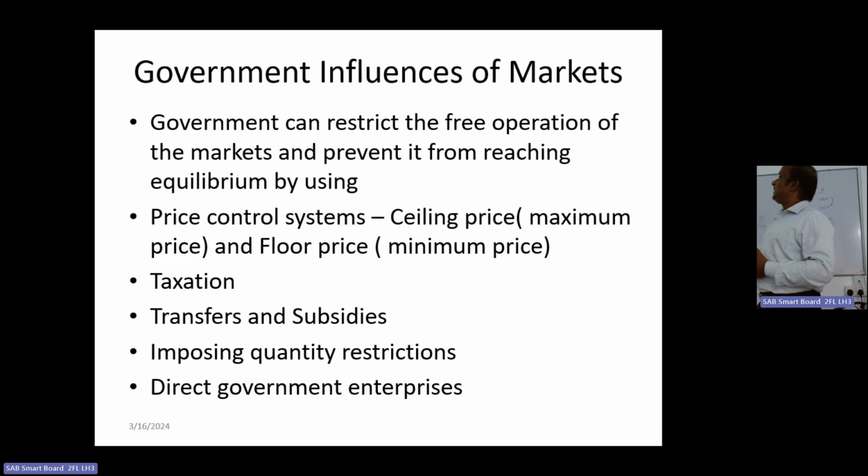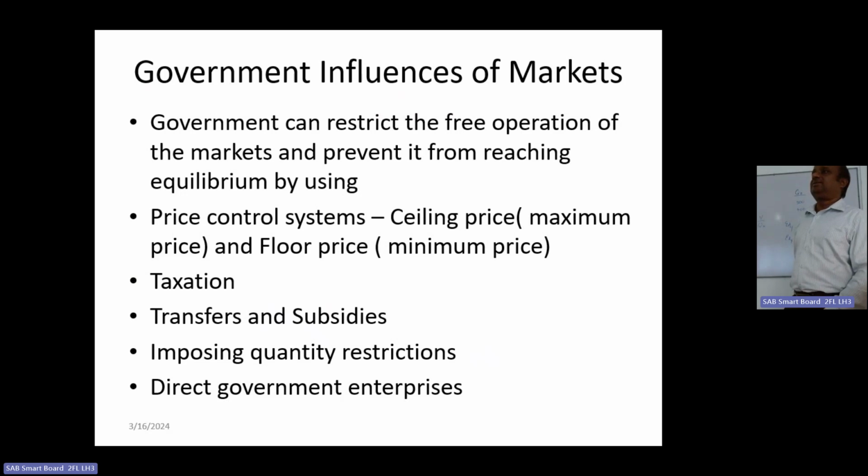Earlier we talked about the free markets, the demand supply equilibrium analysis, where demand and supply forces operate freely, right? But the operation of such a market can be controlled by the government for various reasons. So we ask why government intervention in the free market environment, whether it's useful or not. You need to form your argument based on that. There are different ways. One is the price controls, as we discussed: minimum order price, floor price, ceiling price, minimum and maximum prices, and taxation. And also we see the transfers and the subsidies, right? Consumer transfers, and production subsidies, fertilizer subsidies. That's also intervention. Sometimes the government declares transfers to low-income families, right?